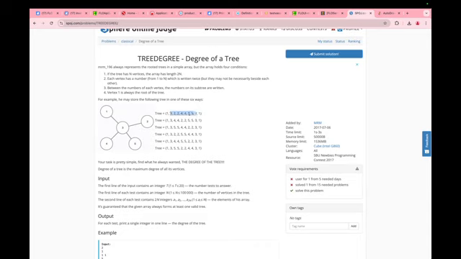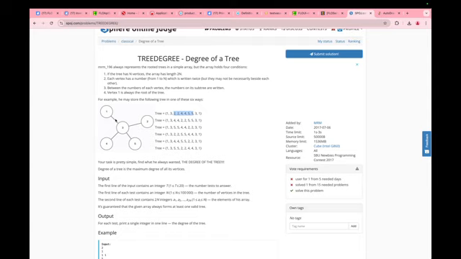So 3, 2, 4, 5 are in the sub array. If you see 3, so 3 starts over here and 3 ends over here. So between this start 3 and end 3, whatever the elements are, they are its subtrees. For example, 3's subtrees are 4, 5, and 2.